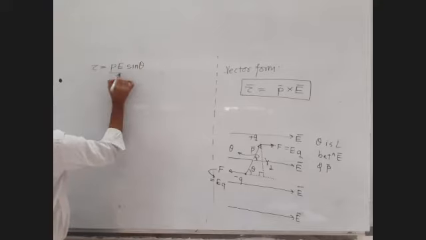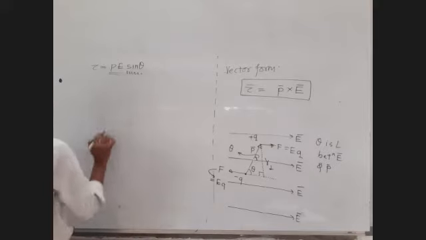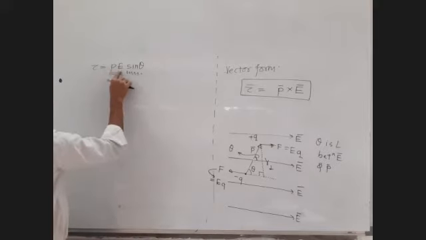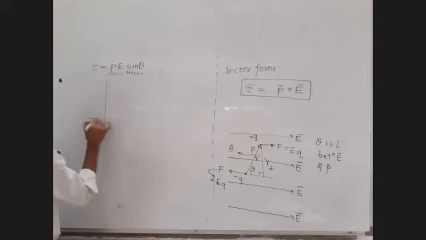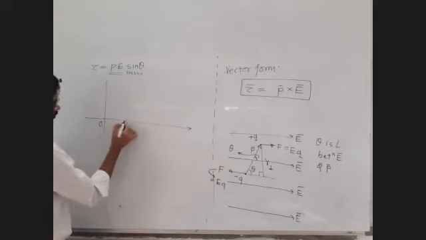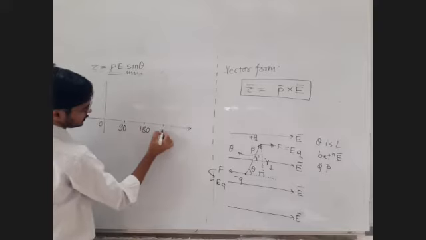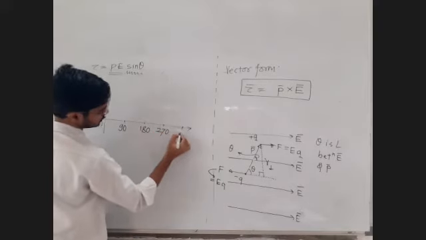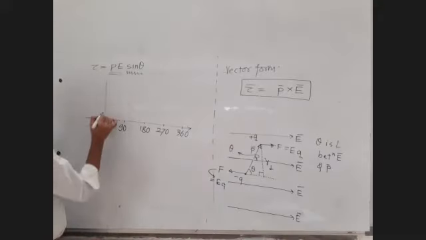This is going to be the magnitude, and it will be the graph of a plus sine, since the coefficient is positive and sin theta is present there. So you can very easily draw the graph of sin theta: 0, 90, 180, 270, 360.